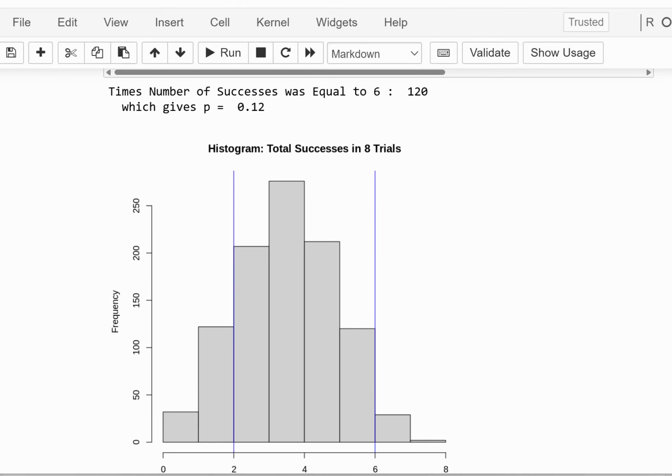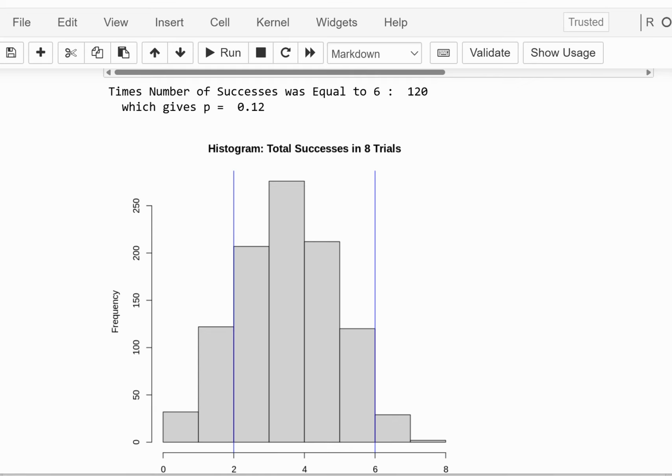Okay. And you see a nice bell-shaped distribution. And you see what we saw from the numbers up above, right? That getting 7 or 8 correct out of 8 attempts is pretty unlikely if you're guessing at random, right?